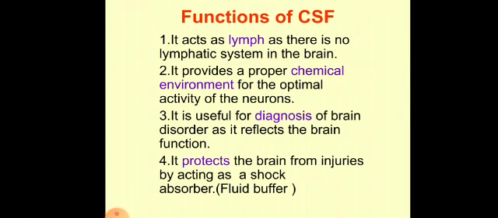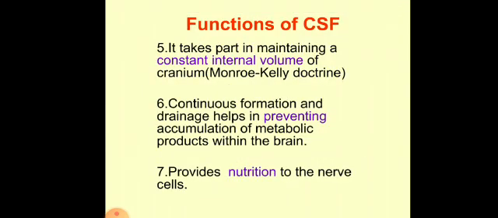Third, it's useful for the diagnosis of brain disorders as it reflects the brain function. Fourth, it protects the brain from injuries because it acts as a shock absorber, a fluid buffer for the brain. The fifth one, it takes part in maintaining a constant internal volume of the cranium, which is called the Monro-Kellie doctrine.